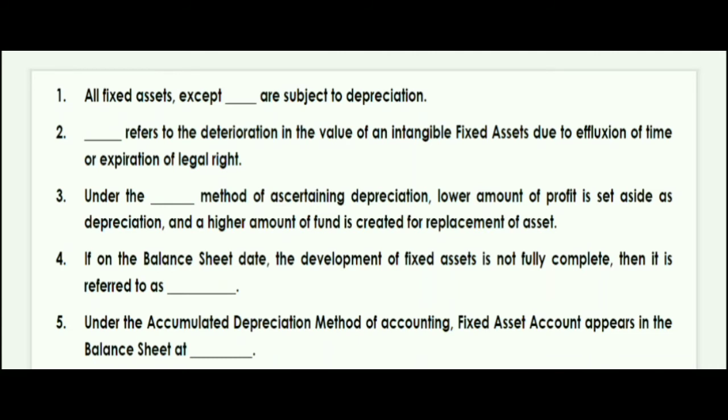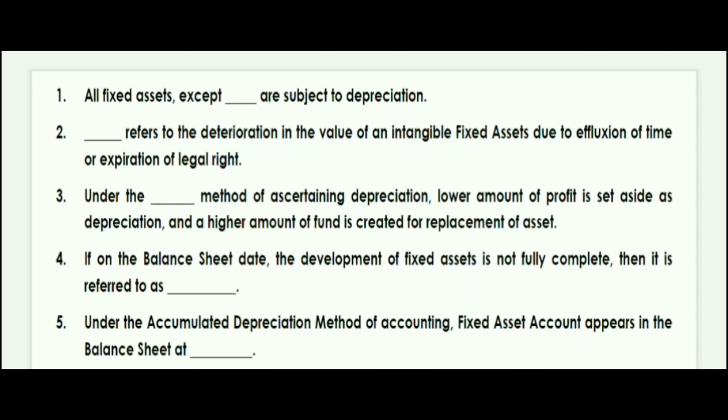The next question: what is referred to as the deterioration in the value of an intangible fixed asset due to the fluctuation of time or expiration of legal right? As you can see, there comes the expiration of time. So whenever the words time and deterioration come, the answer will be amortization.